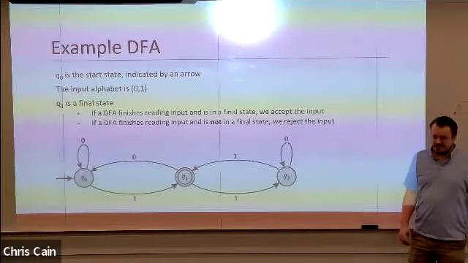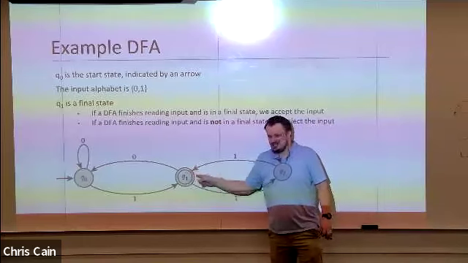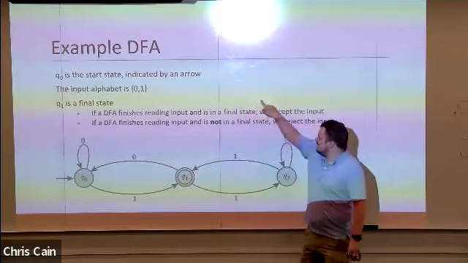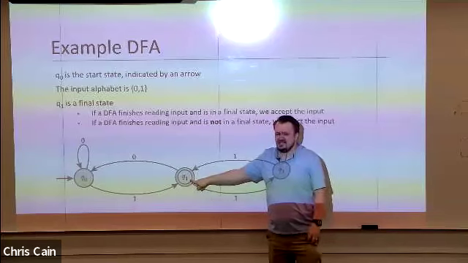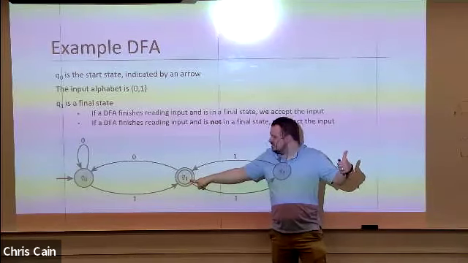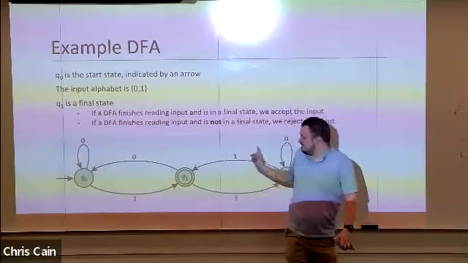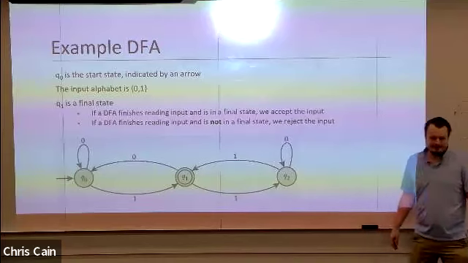A final state is denoted by a double circle, a circle with a circle inside of it. So if we see this, we know that if at the end of the input string, we end up in this state, then we accept. If we end up in some other state that is not final, in this case, either Q0 or Q2, we reject.